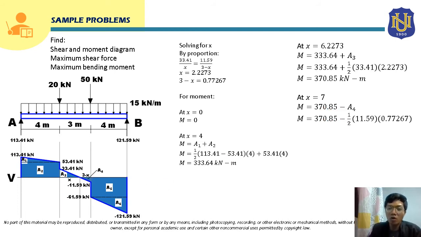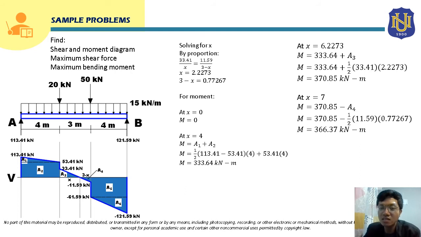So the area 4 is 1/2 times 11.59 times 0.77267. Solving for the moment, class, at x equal to 7, that will be 366.37 kilonewton meter.